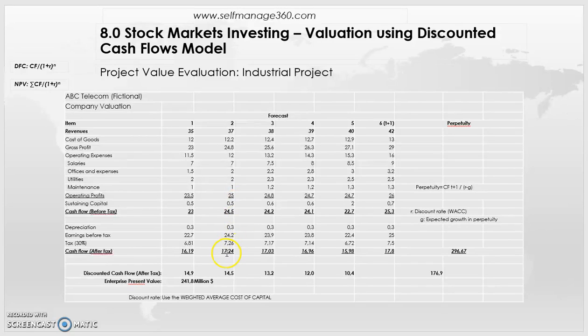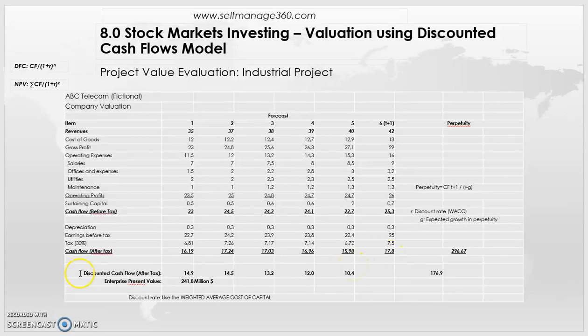Year 2, $17.24 million. Year 3, 17.03, 16.96, 15.98, 17.8. These are the profits, so positive, so the company will make a profit in years 1 to 5, and we expect that year 6 is going to make a profit of 17.8.